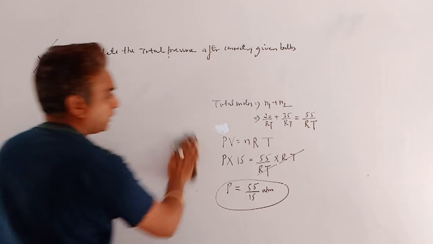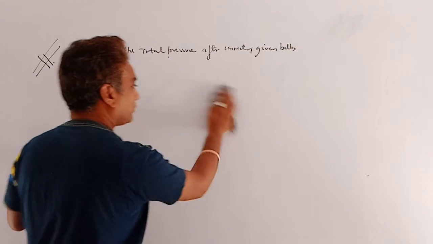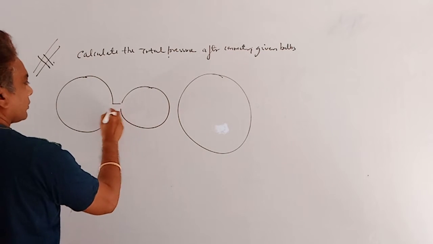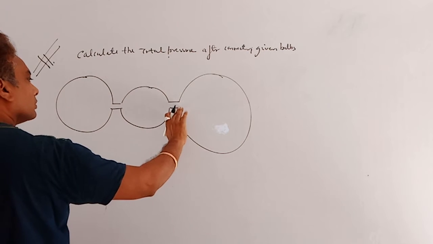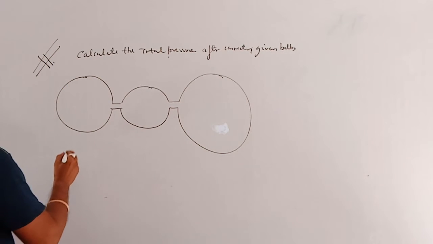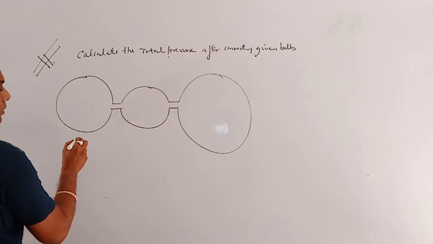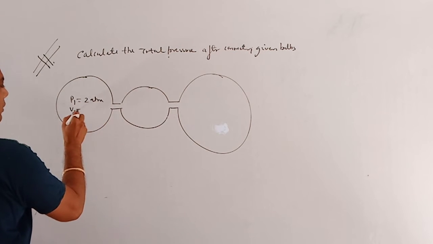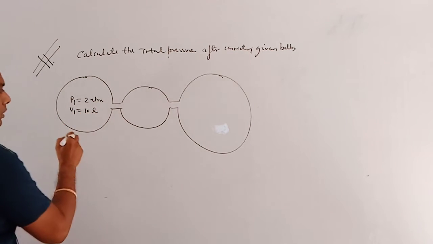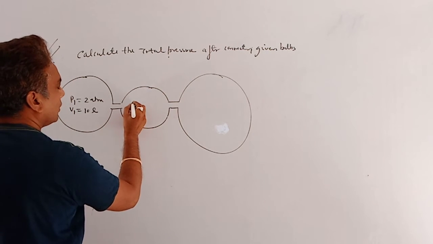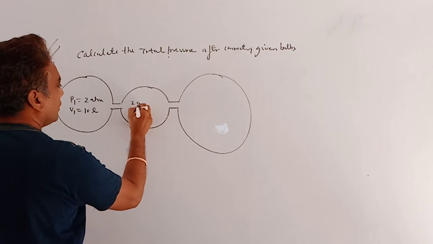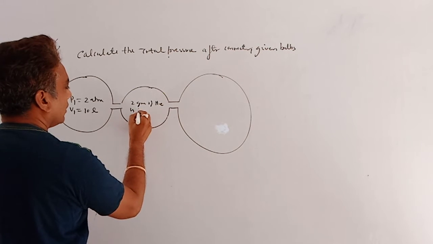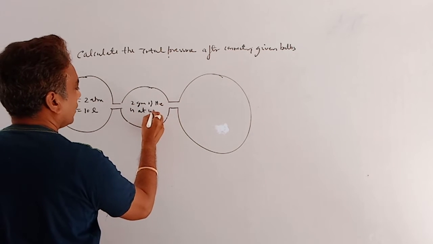Once again, same type of question. P1 is 2 atmosphere, V1 is 10 liter. Here 2 gram of helium is at 400 Kelvin.